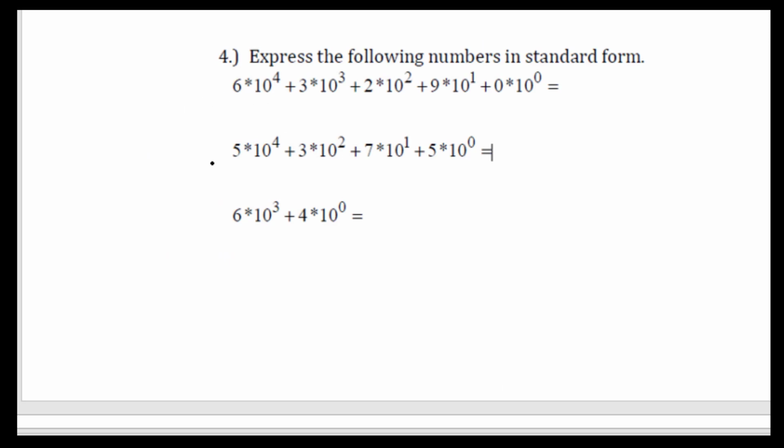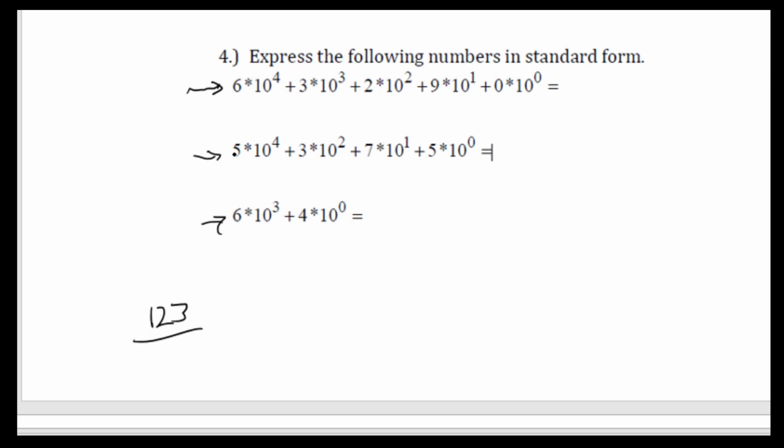So here's number 4, and you're just taking it in exponential form and writing it in standard form. Standard form is just the way you write a number, like 123. That's the standard form of the number.